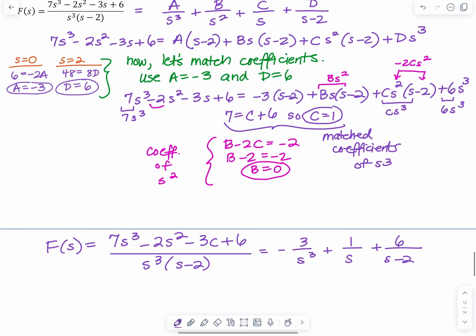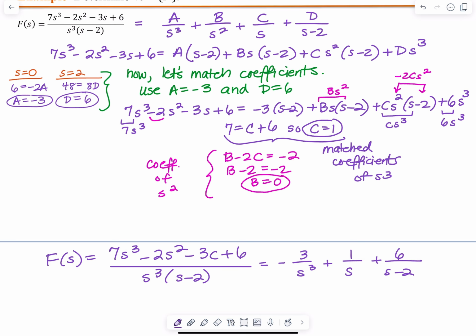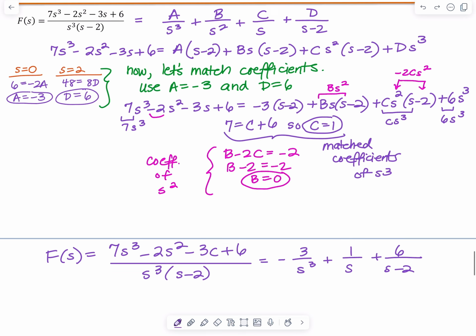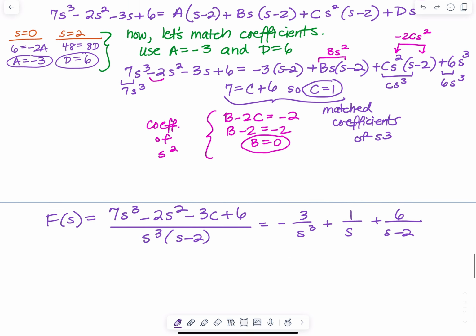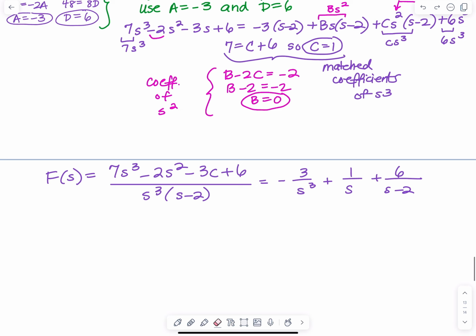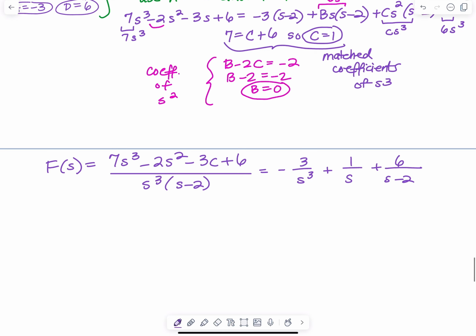Again, we had b equal to 0, so we have no term with a denominator of s squared. And so now let's take a look at the right side of our table.